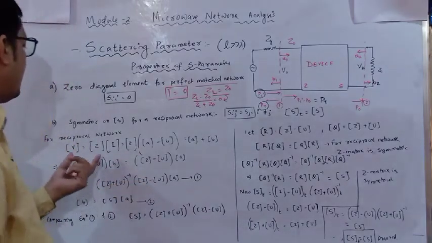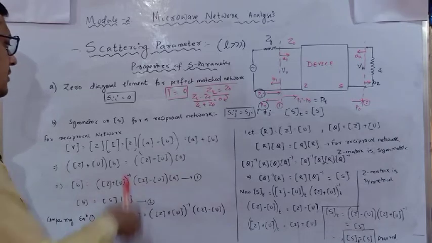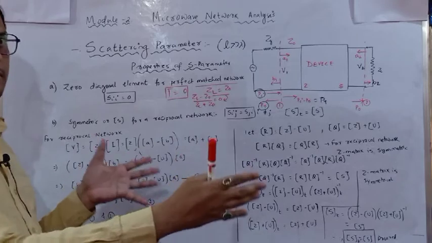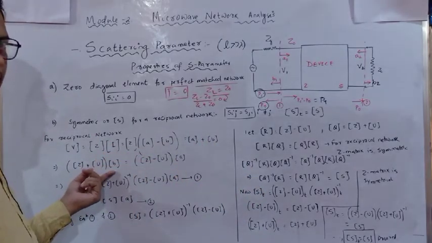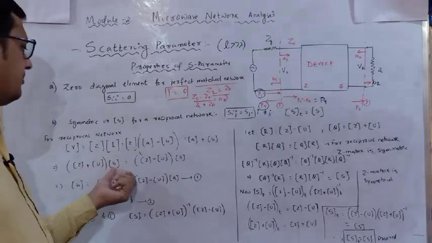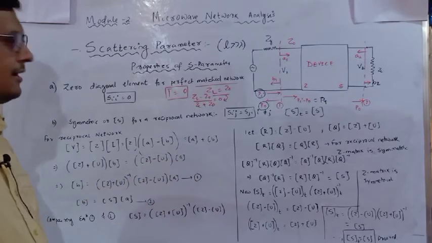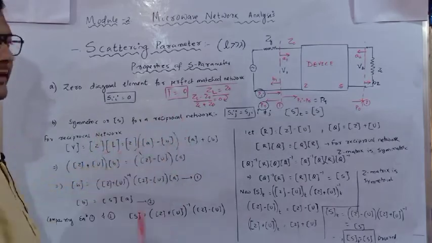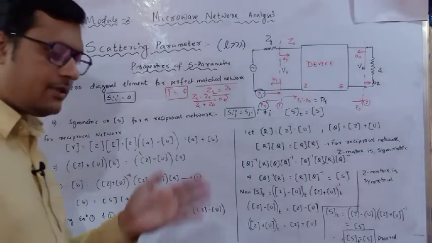Next, if I want to determine A and B, I have to multiply Z into A, Z into B, and take A common, take B common. If I do this, I will get Z plus the unitary matrix into B, then Z minus the unitary matrix into A, and taking this B component to the right hand side, you will get B with respect to A. So what is B with respect to A?